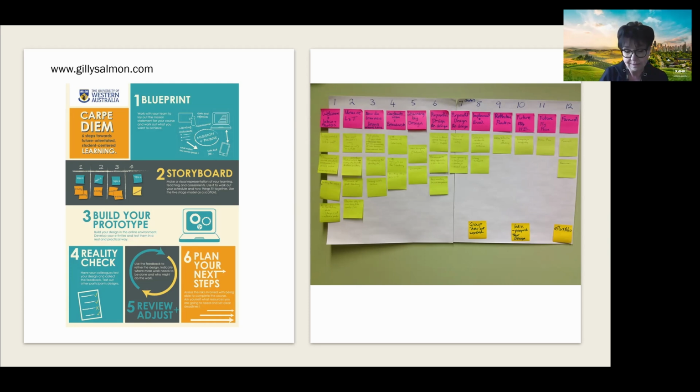And in that method, they use post-it notes, sticky notes, and they also work very well because you can easily manipulate them and change the order and use different colors for materials and assignments and assessment, etc. So Gilly Salmon, if you want to know more.